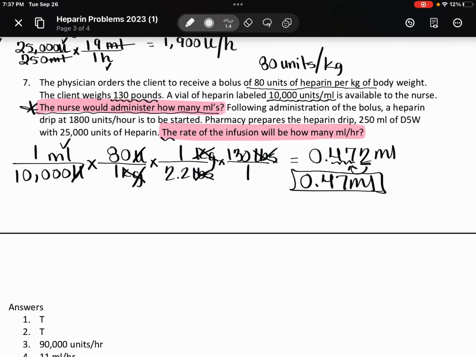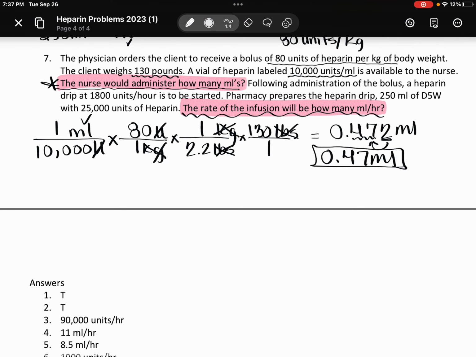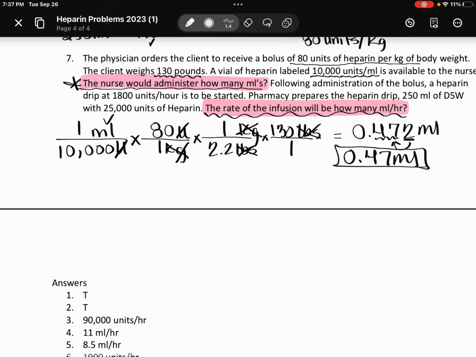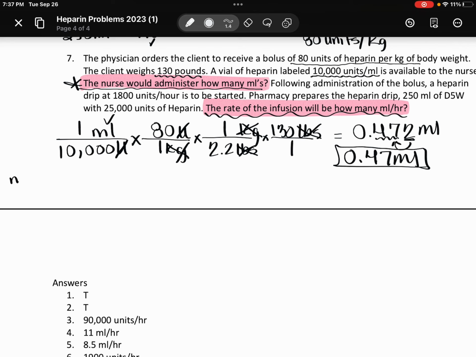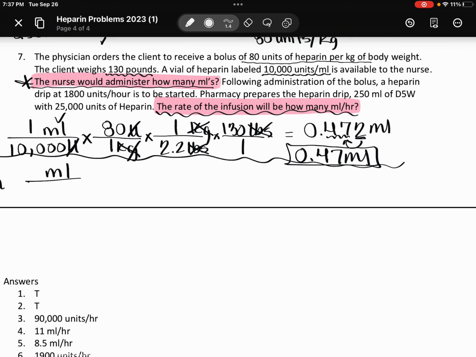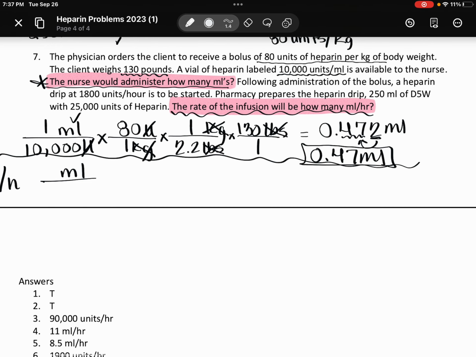So now we need to work on the second question. The rate of the infusion will be how many milliliters per hour? Okay, so we're looking for milliliters per hour. So I'm going to start with my milliliters on top. Following administration of the bolus, a heparin drip at 1,800 units per hour is to be started.